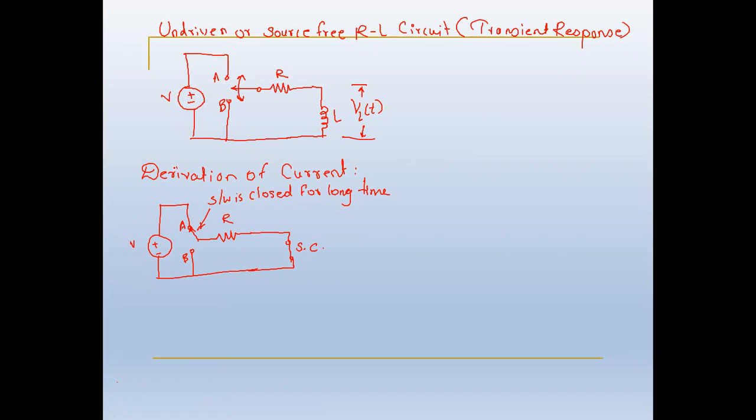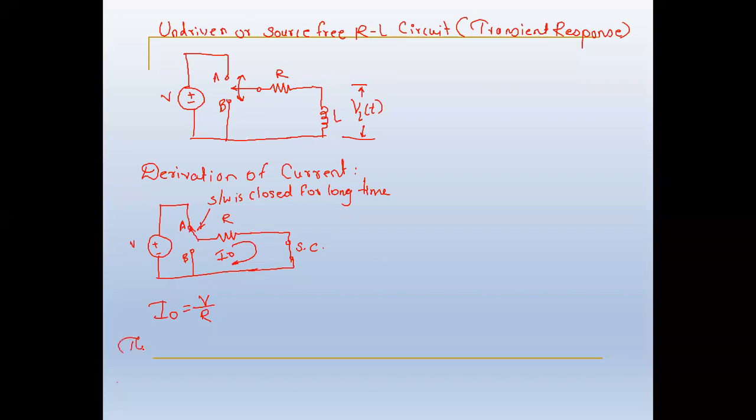Okay, so let us define the current passing through the network. We have defined the initial current, let us call this one I0. To identify this initial current, it can be written as V by R, because only the voltage source and one resistor are there.